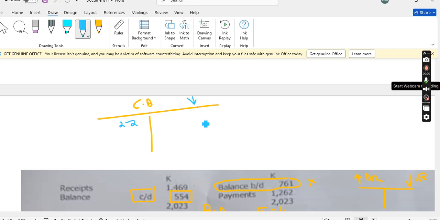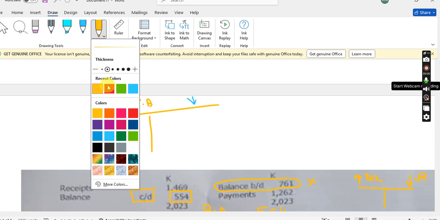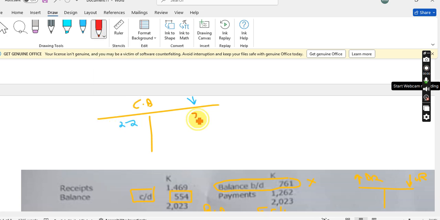Okay, so how do we do that? If you credit the cash book 22 kwacha, it means 22 minus 22, 0. It means basically that transaction, you have wiped out that transaction, it hasn't occurred. But we still need a 22 kwacha on the credit side. So you need to double the amount.